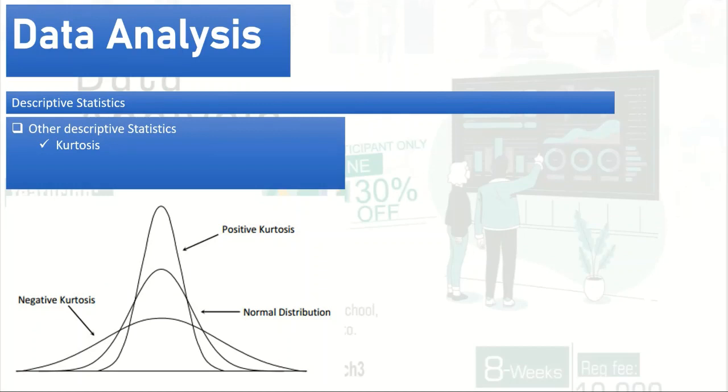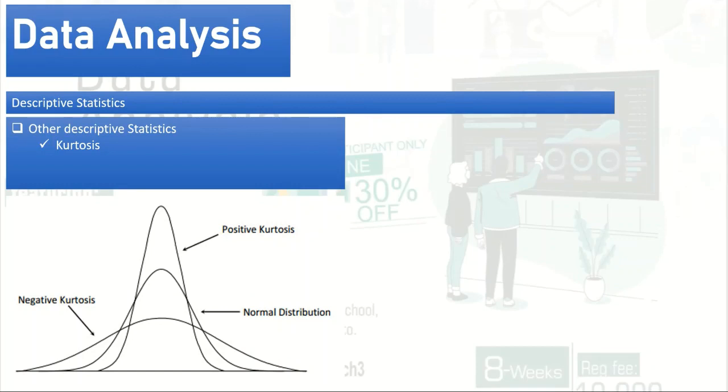Sorry, I've been mistakenly calling it a normal probability plot; even in the former example, they are called normal distribution plots. Now look at the negative kurtosis down this way. Negative kurtosis means that the data sets are very sparse. Positive kurtosis means that the data sets are all compressed towards the mean.